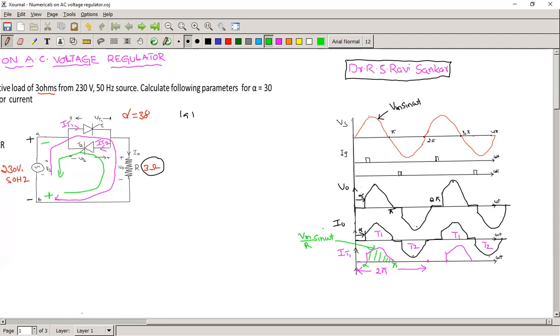Here Vm is the output voltage and R is the load resistance. So we have to integrate this from alpha to pi, Vm sine omega t d omega t divided by R, whole multiplied by 1 by 2 pi.